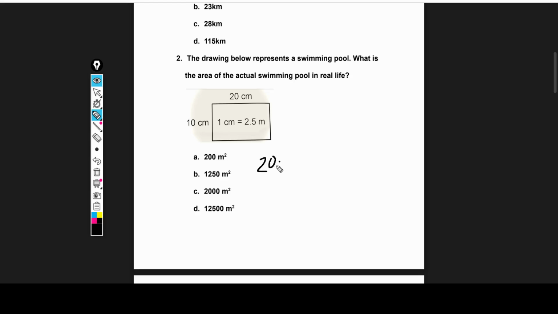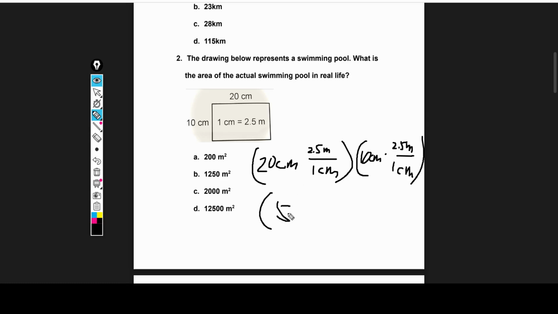So 20 centimeters times the scale factor, which is 2.5 meters per 1 centimeter, and that's the width, and then times the length, 10 centimeters times the same scale factor, 2.5 meters over 1 centimeter. When you multiply these, you get 50 meters times 25 meters. Then when you multiply these two numbers together, you should get 1,250 meters squared.